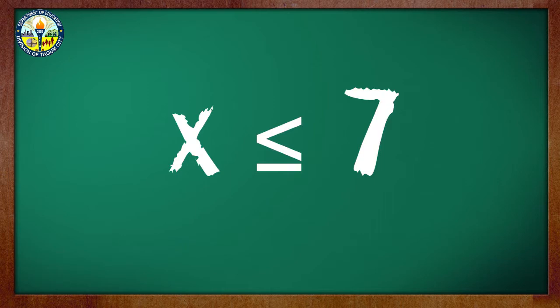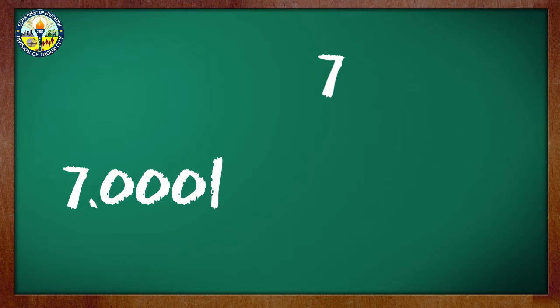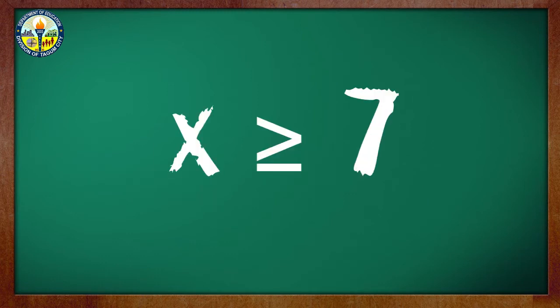In symbols, x is less than or equal to 7. Or, not equal to could be x is equal to or greater than 7, which could also be translated as the value of x is at least 7, meaning the smallest value of x is 7, like 7, 7.0001, 7.5, 8, or any number higher than 7. In symbols, x is greater than or equal to 7.